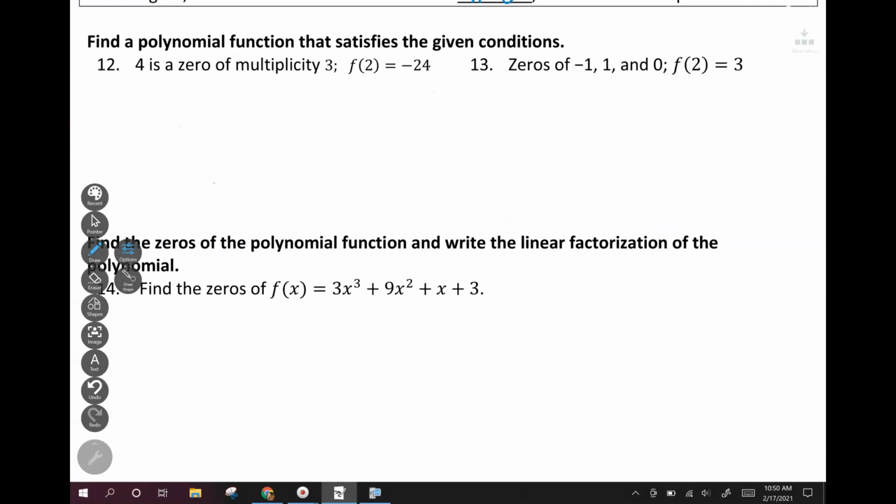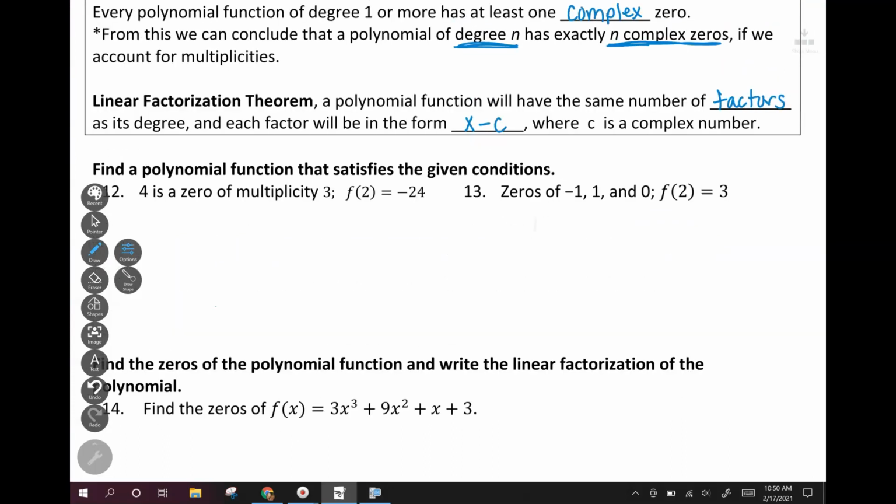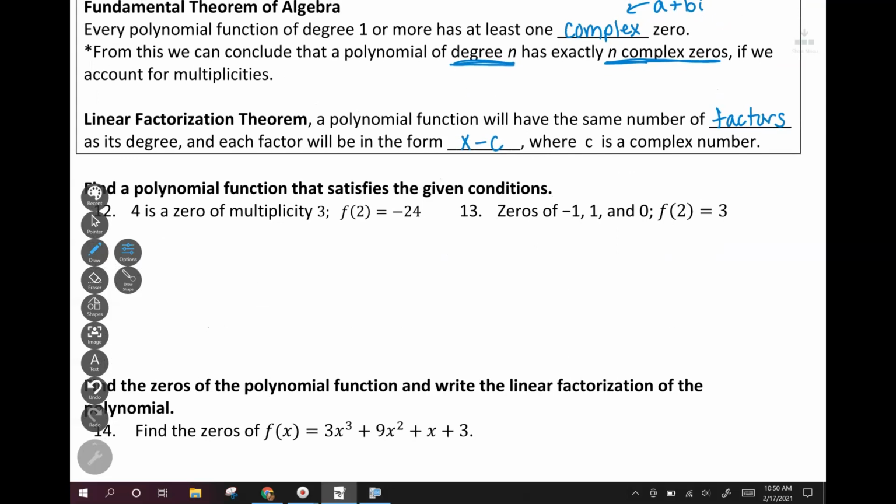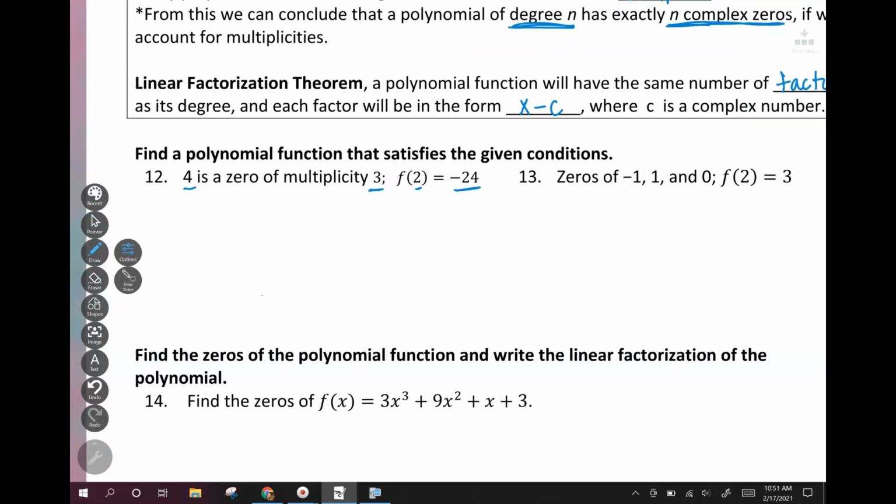All right, find a polynomial function that satisfies these conditions. So on this problem, you are told that you have 4 as a zero of multiplicity 3, and then that f of 2 equals negative 24. So what are you going to do with that information? Basically, you're going to write this 4 back into factored form.